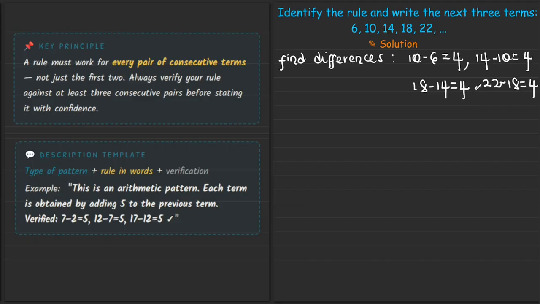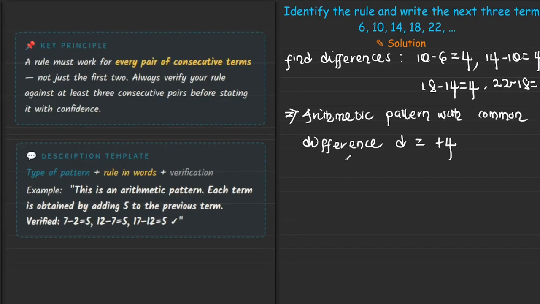Now, since the differences are all equal, it implies that d is equal to 4. And then it is an arithmetic sequence or an arithmetic pattern. Or in other words, we can say it is an arithmetic pattern with common difference d equals positive 4.